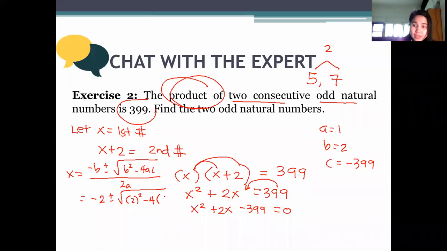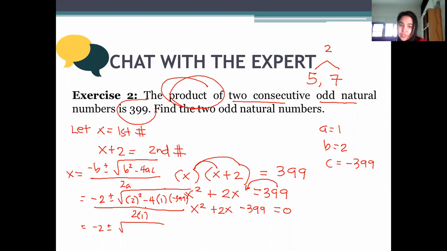Our a is 1, our c is -399, over 2a, 2 times 1. So -2 plus and minus, this one is 4. The other one, that's -4 times -399 is 1,596.